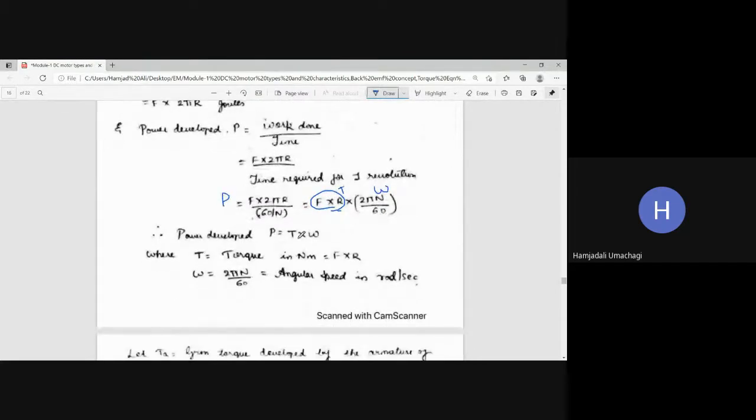P is equal to T into omega, where T is the torque in Newton meter, which is nothing but the product of force into radius, and omega is the angular speed in radian per second, which is given by 2 pi n by 60.